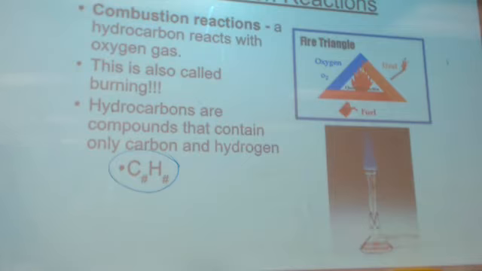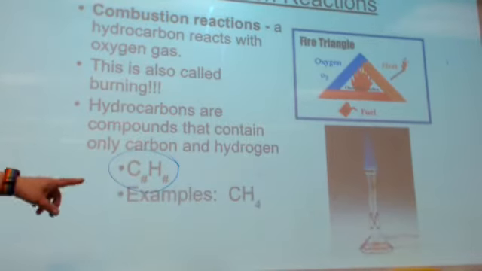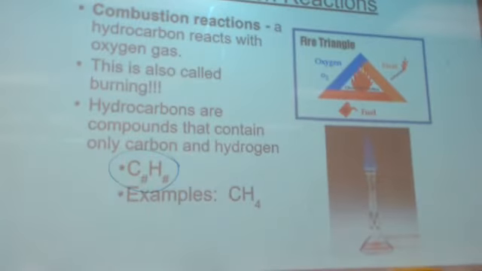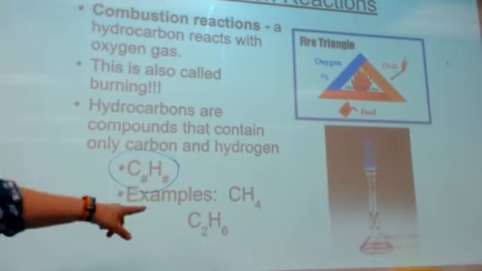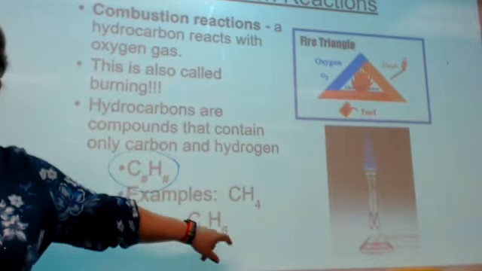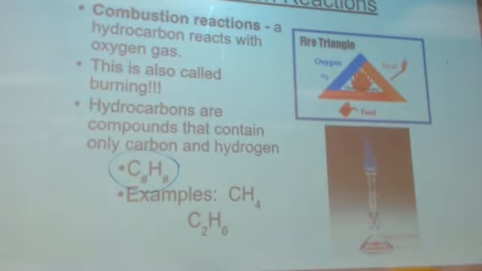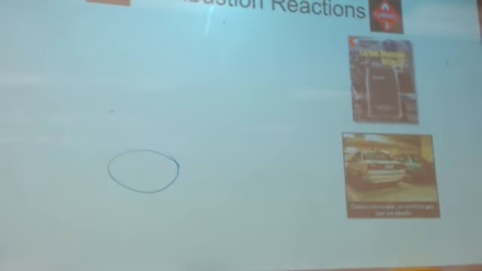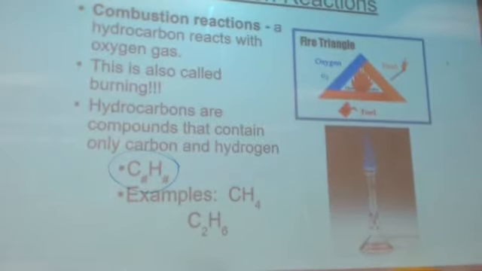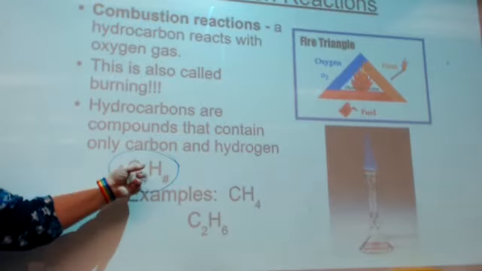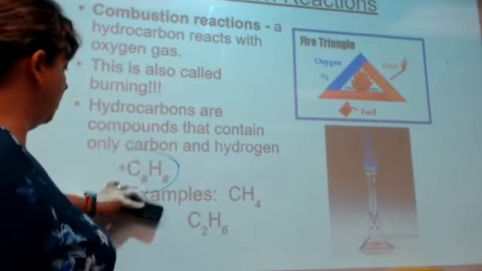So some examples of hydrocarbons: CH4 is a hydrocarbon. It has carbon and hydrogen. C2H6 is a hydrocarbon. It has hydrogen and carbon. So that is one of your reactants. One of your reactants will always be a hydrocarbon.